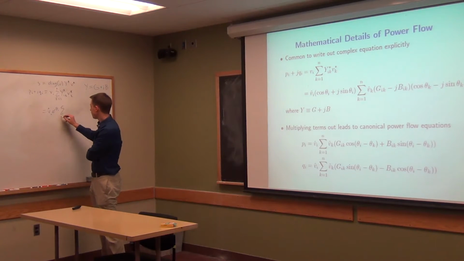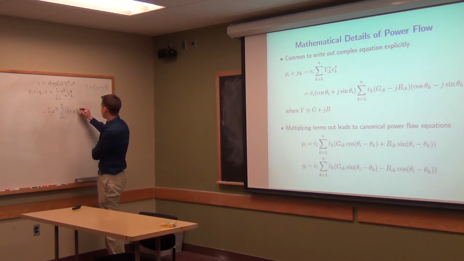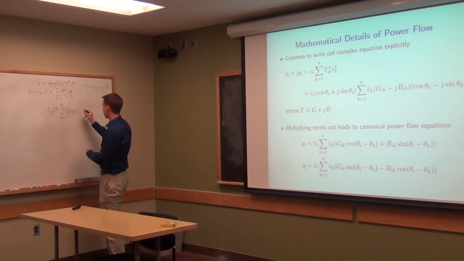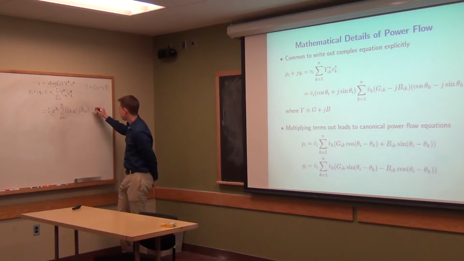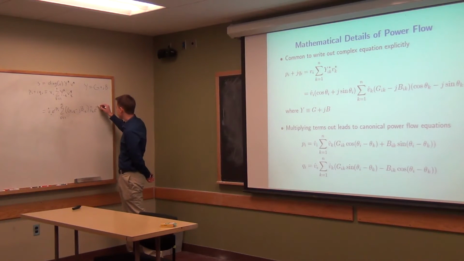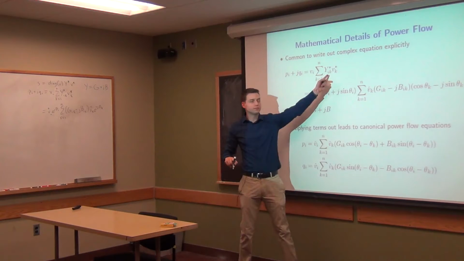Times the sum from k equals 1 to n of G_ik minus jB_ik, times the magnitude of the voltage at node k times e to the negative j theta k. And that negation comes in here because we're taking the conjugate of V.